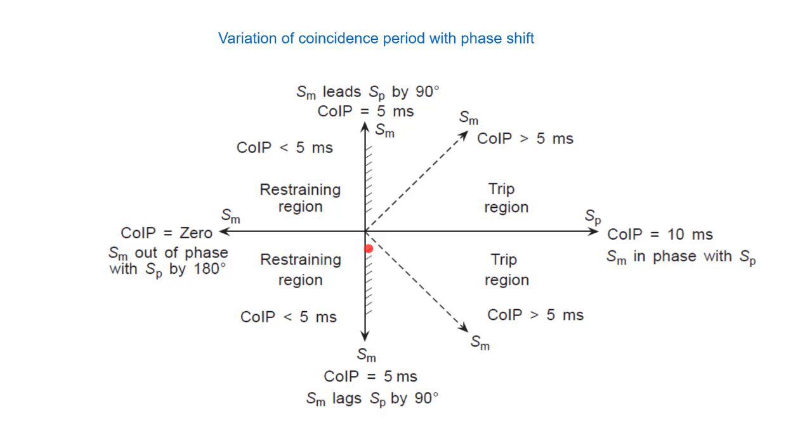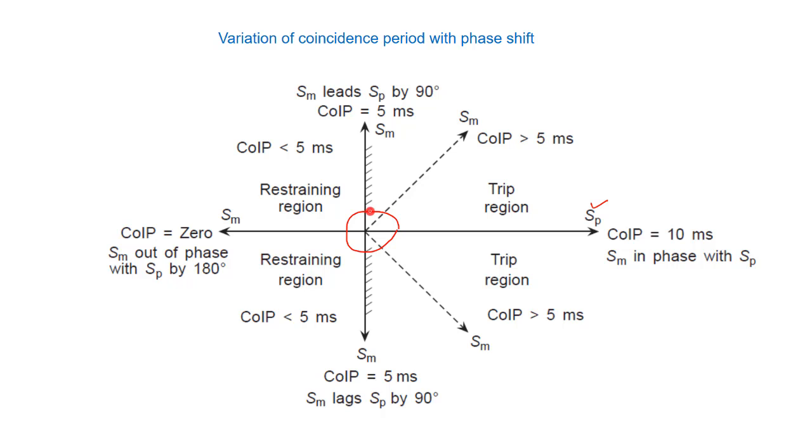When the phase angle difference between SP and SM, we can see here this is the SM axis. So if we keep SP as the reference signal, the polarizing signal, then SM makes different angles around SP up to 360 degrees.